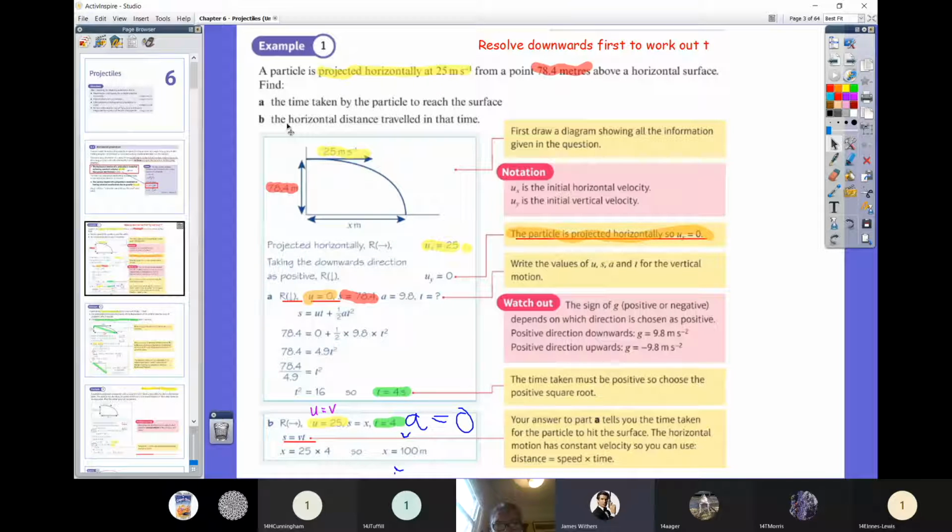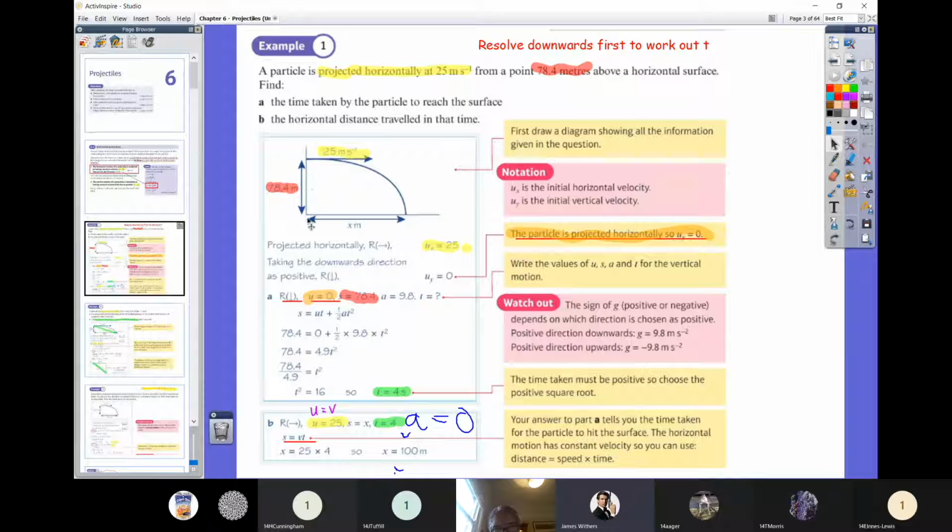So in order for us to work out x, we're going to have to start off by working out the time taken for the whole journey. Now we can do that by just considering the downward components. If we just start off by resolving vertically, now this is important.